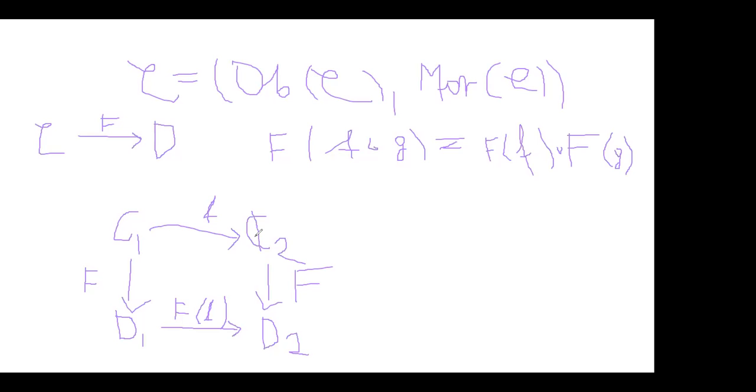So if I send a finite path in one graph to a finite path in another graph, of course I'm also sending all vertices in one graph to vertices in another graph, and I must have a commutative diagram like this. So when I say that I have a functor between graphs, I think about them as a small category. I think about finite paths as morphisms, and vertices as objects, and I have all these nice properties satisfied. And I don't have to spell them out in the theorem.